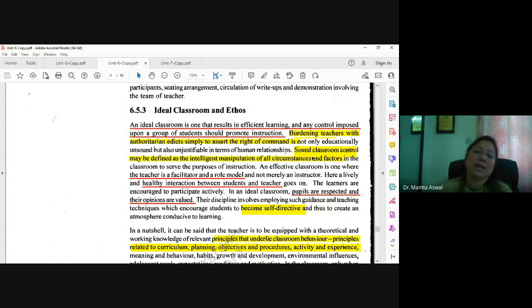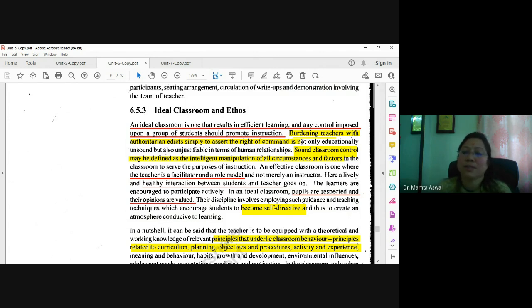Basically, an ideal classroom is one where the students are self-controlled and self-directed, and there is a very effective teaching-learning process, where the teachers are not authoritarian. There is a democratic setup in the classroom or inside the school.